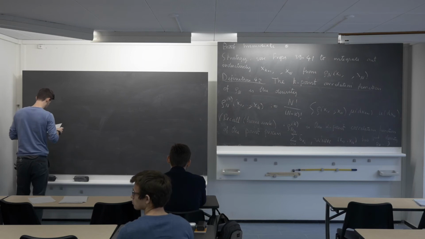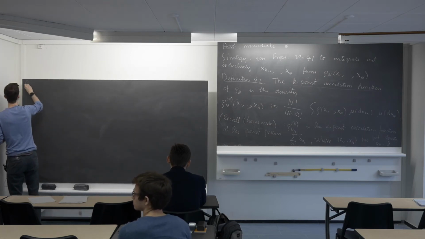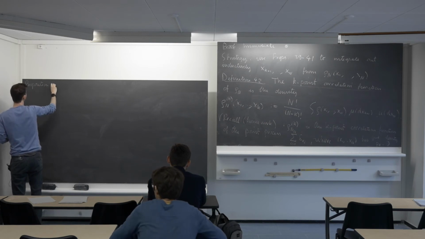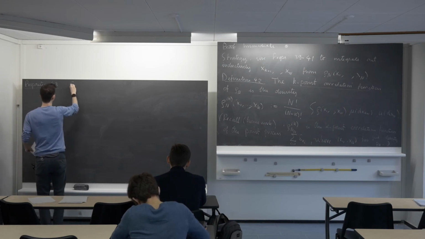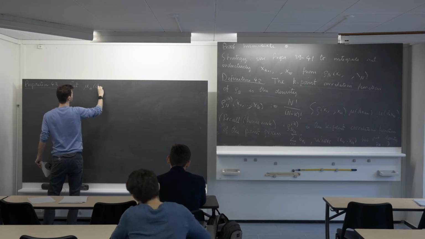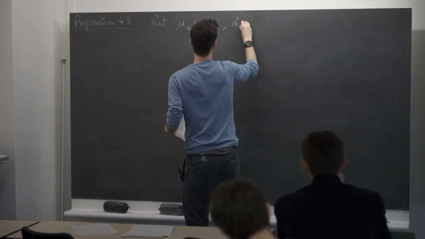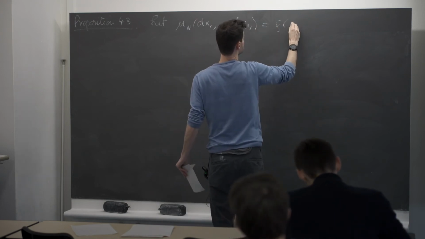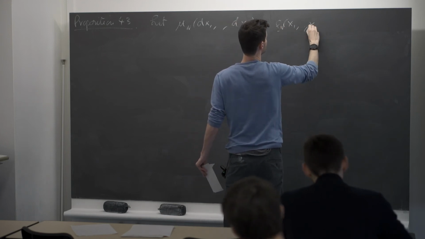Okay, so the claim is the following. Let me summarize. I take a measure, which was my Xn, which is this probability measure with density rho n.